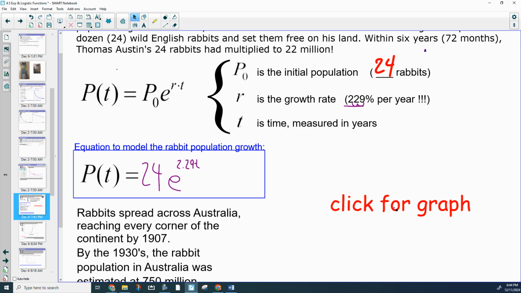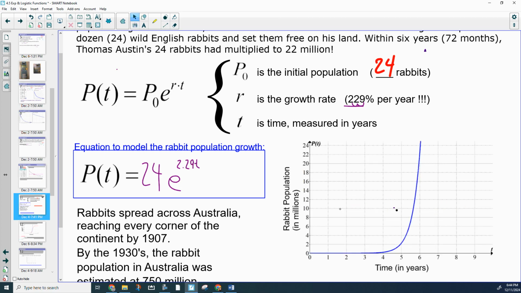So as you can see, it started off pretty slow. About year 4, it starts to go, and then between 5 and 6, it goes crazy. And again, this is in millions. So by year 7, it's off the chart. We can't see them anymore. So the question is, is this realistic?